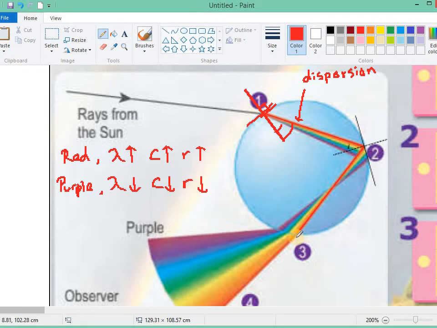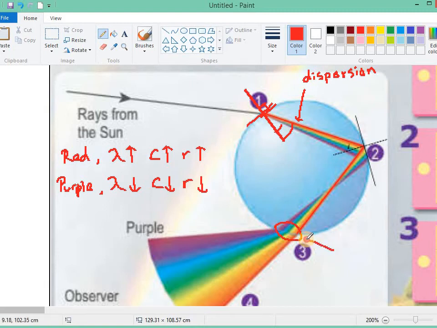Okay, and go on to the other surface of the water droplet. So when reach this surface, what happens? The angle is smaller than the critical angle, so that means the light will be able to come out from the water droplet. So when the light want to come out from water droplet, again dispersion of light happen one more time.